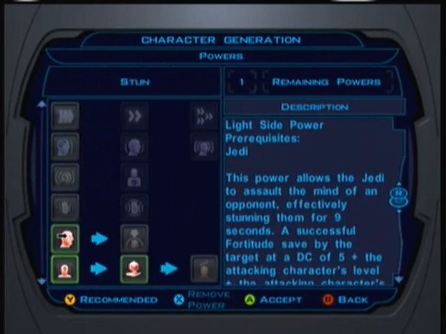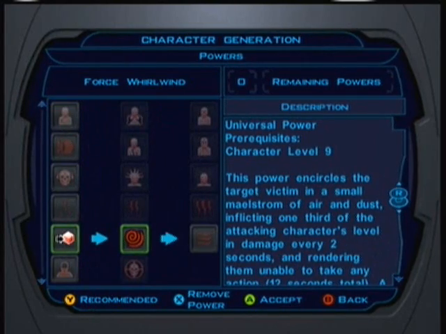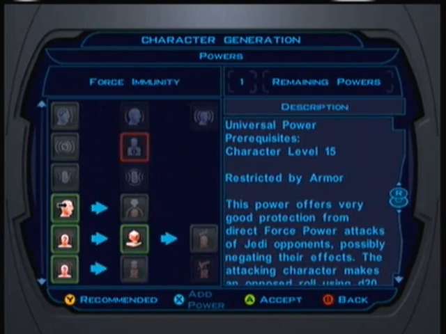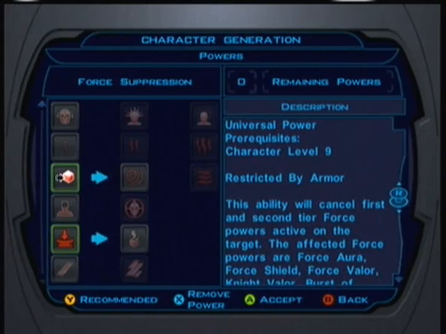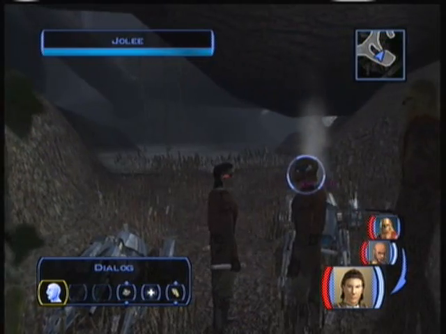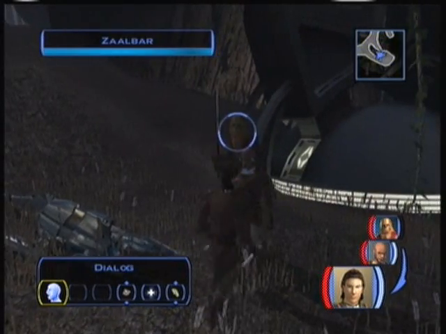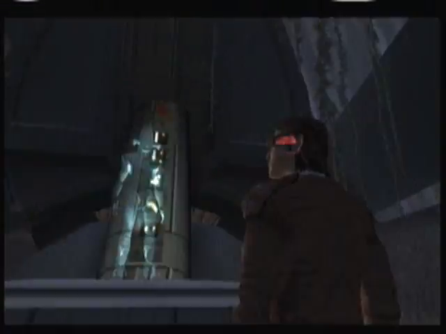Powers. Hold on, I need force suppression. There we go. That was very nice. Computer, I shall kill you now.